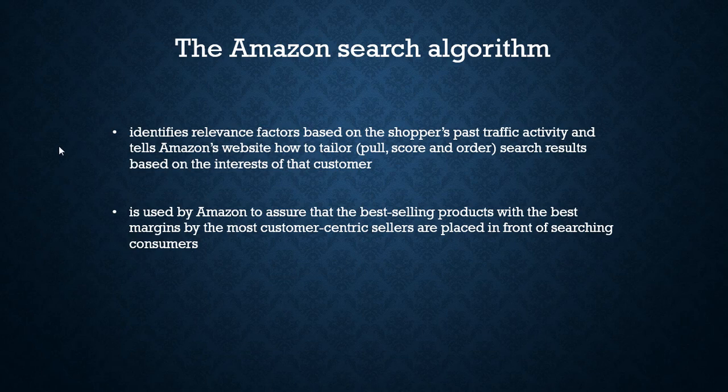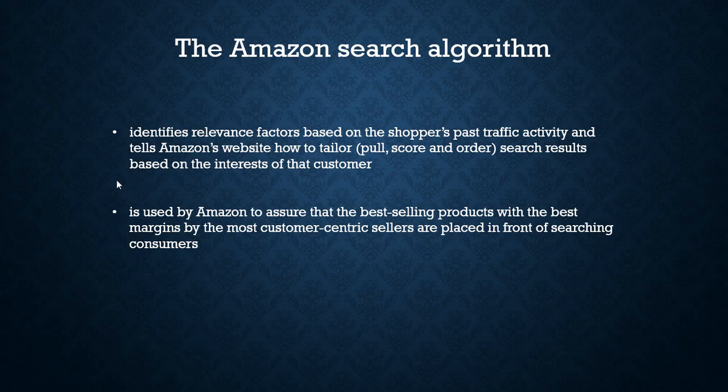So this here summarizes that the Amazon search algorithm identifies relevance factors based on shoppers' past traffic activity, and then that tells Amazon's website how to tailor search results based on the interest of that customer. So I guess a lot of what this point explains we don't have a lot of control over, but still, this is something that the algorithm considers.